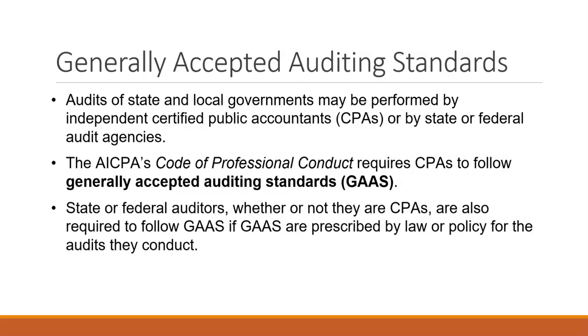For example, a city government, K through 12 schools, or nonprofits in the state of Iowa can be audited by the state auditor's office. Those auditors are required to follow the generally accepted auditing standards rules.